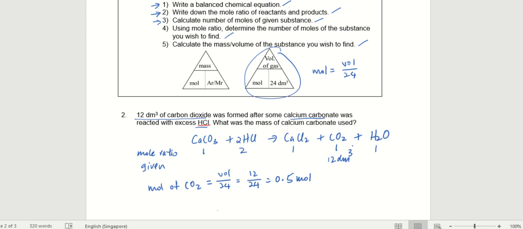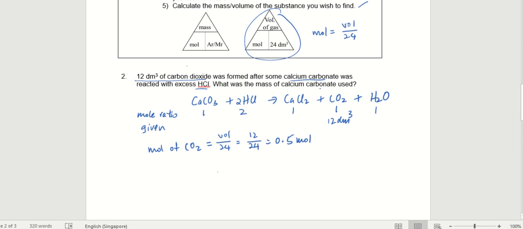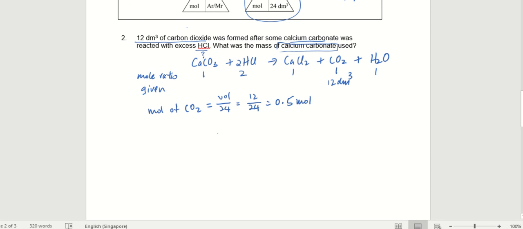We now use step number 4 to find for us the unknown. Okay, so we use the mole ratio to determine the number of moles of the substance we wish to find. So what is it that we wish to find now? We wish to find the mass of the calcium carbonate used. That means how much calcium carbonate was used in the reaction. Okay. So now we use the mole ratio. We can see from the mole ratio that the mole ratio of calcium carbonate to carbon dioxide is 1:1.